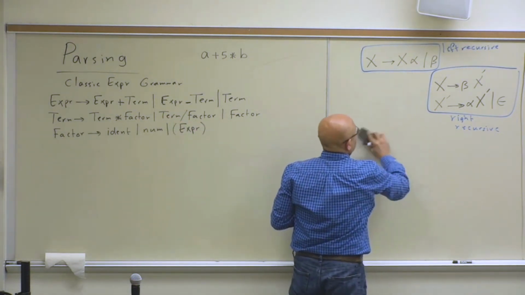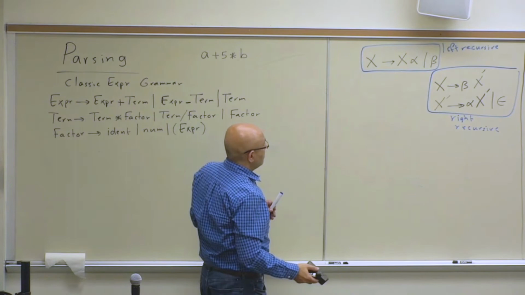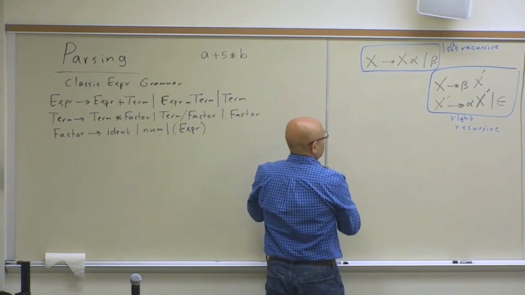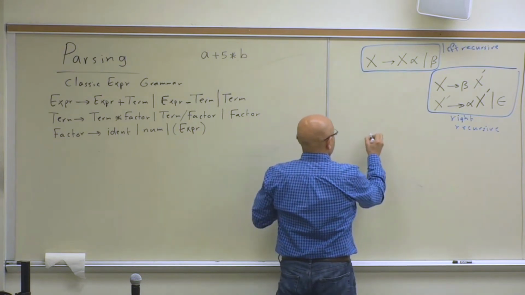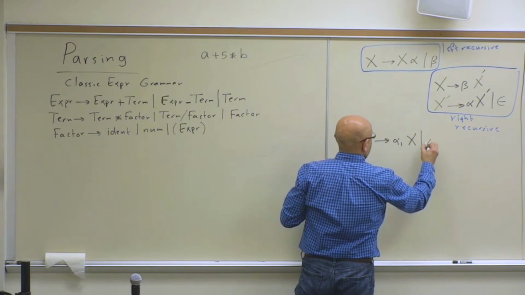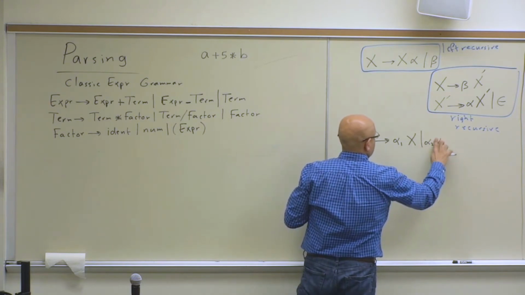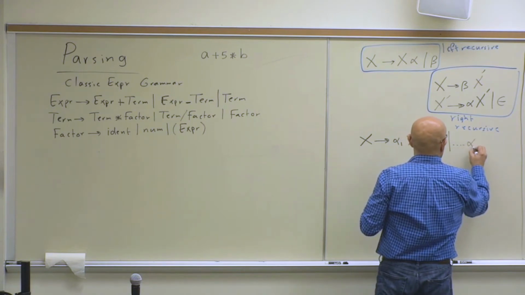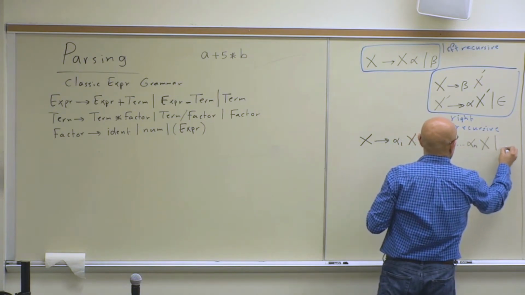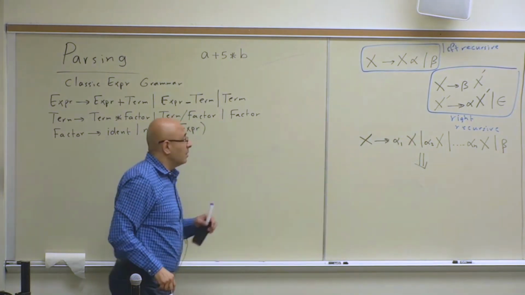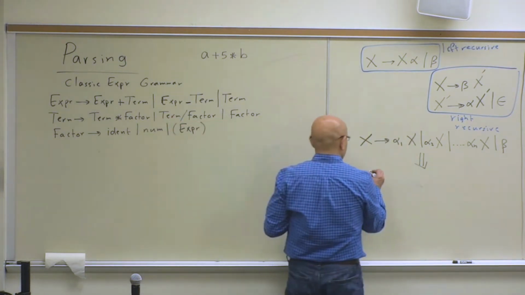So now let's generalize this, because this is not general enough. Now what about this more general form? X is alpha 1 x or alpha 2 x or alpha n x or beta. So generalize. What would be the right recursive equivalent of this?